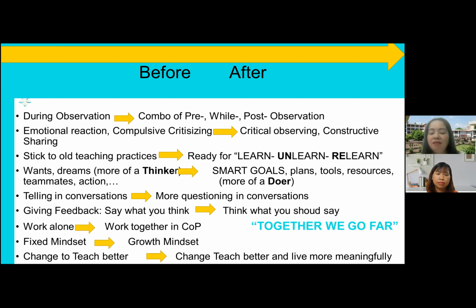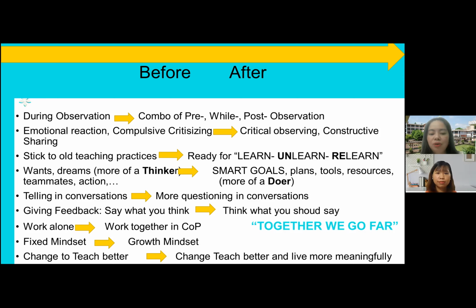information and offer more opportunity for people to share their opinions. Or giving feedback: before you say what you think, but now you think what you should say. Before you work alone, and after that you work together in a COP. Together we go far. Before you may be a fixed mindset person.